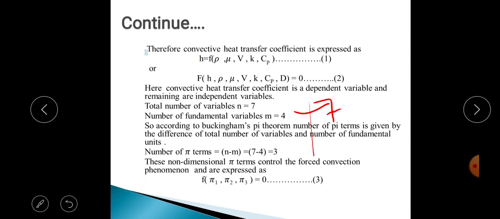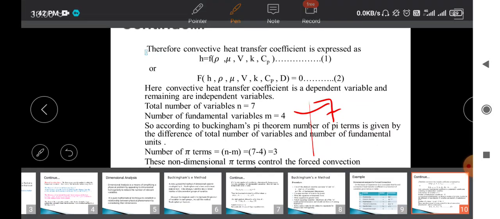So according to Buckingham's pi theorem, the number of pi terms is given by the difference of the total number of variables and the number of fundamental units. So the number of pi terms will be n minus m, which is 7 minus 4, and that is 3, right?